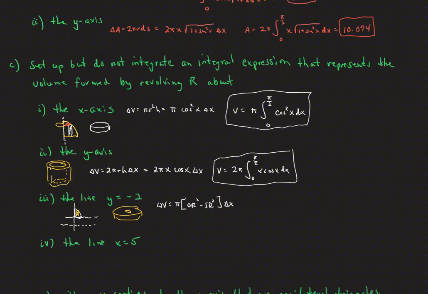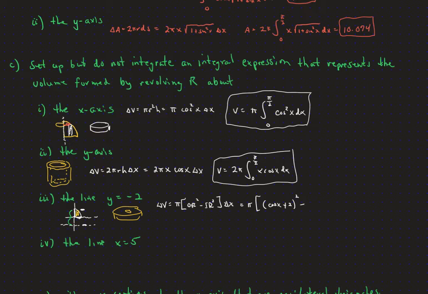So our outside radius is going to go from the axis of revolution out to the outer edge of our rectangle. So we're going to call that top minus bottom. So the top is just our curve. So we got pi, and then our outside radius is going to be that cosine of x, and then minus the bottom is going to be minus a -2. We'll make that a +2 squared.